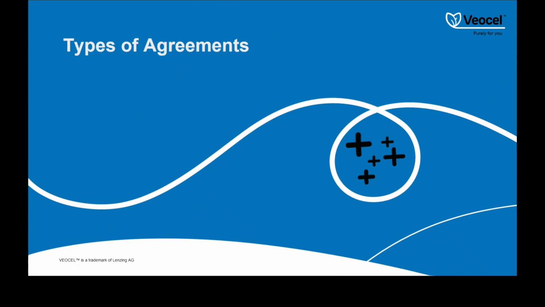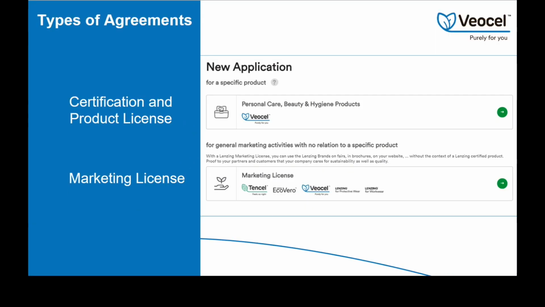Now let's move on to the types of agreements that we are offering. Once your account is approved, you can choose between 2 different types of VEOCEL brand licenses. On your starting page, you will see the option of either a certification and product license or a marketing license.